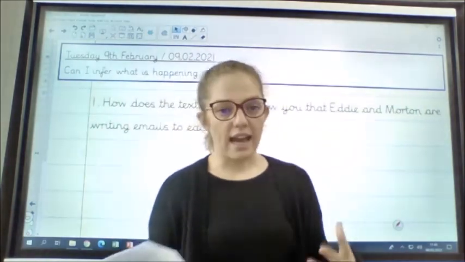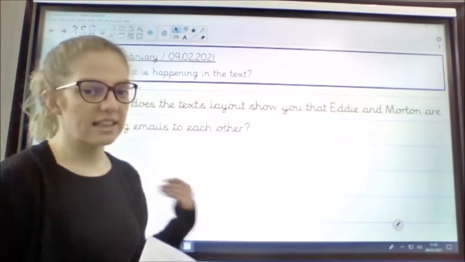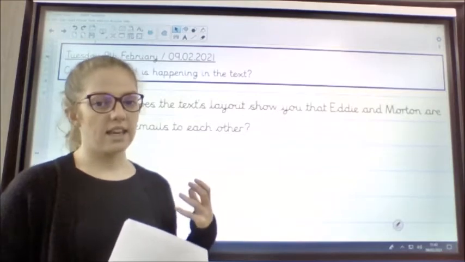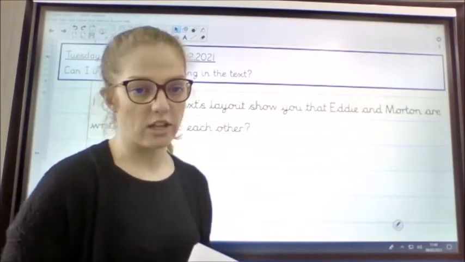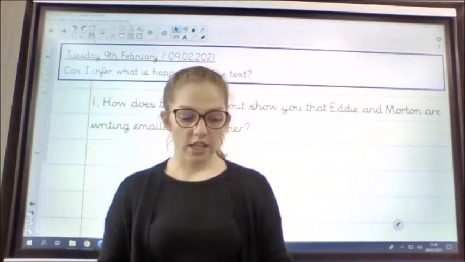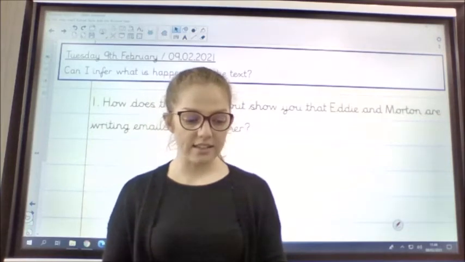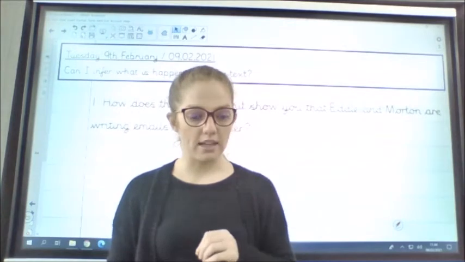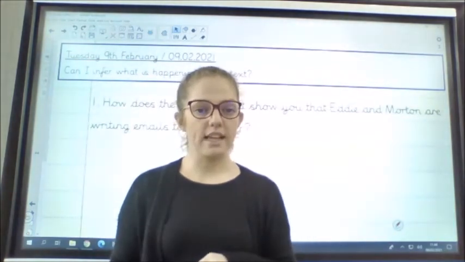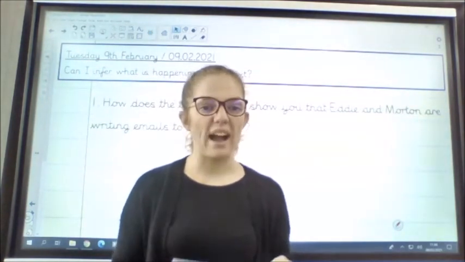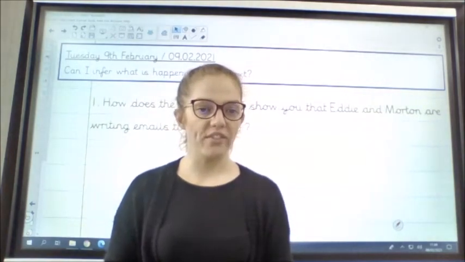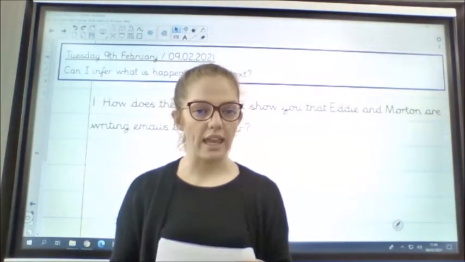So I would say that the text layout shows me that the characters are sending emails to each other because the text shows who the emails are from, who they are being sent to, and they also have a subject written in them to show you what the email is going to be about.